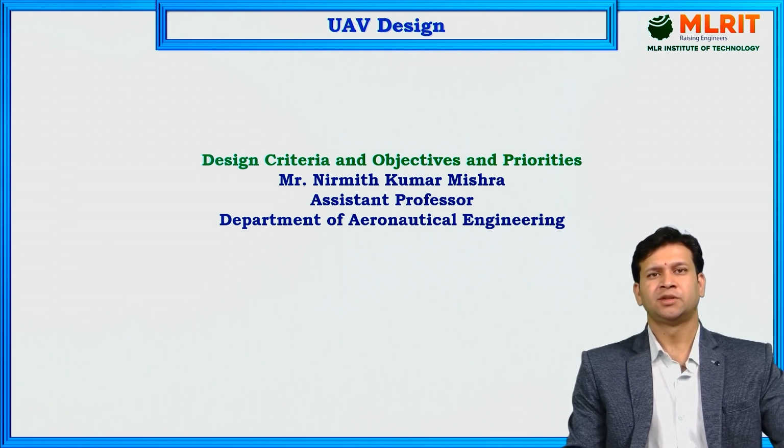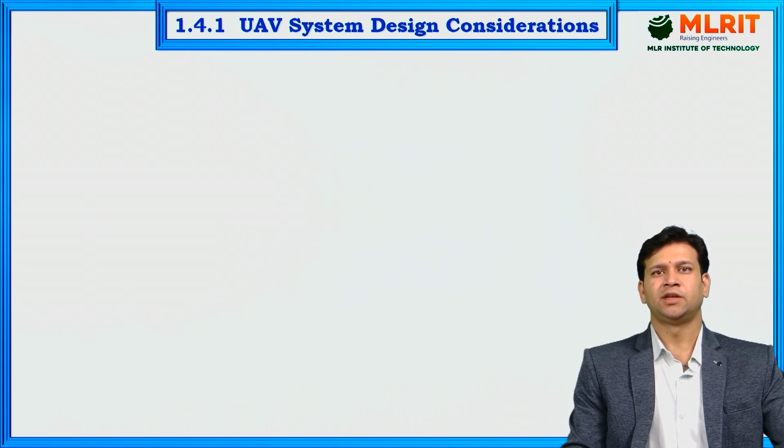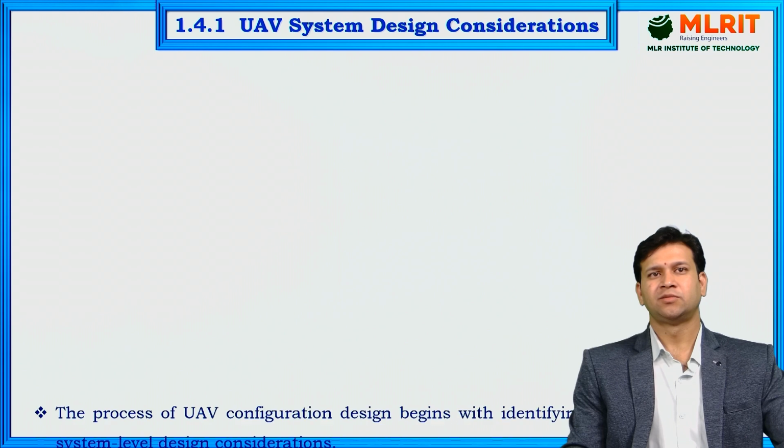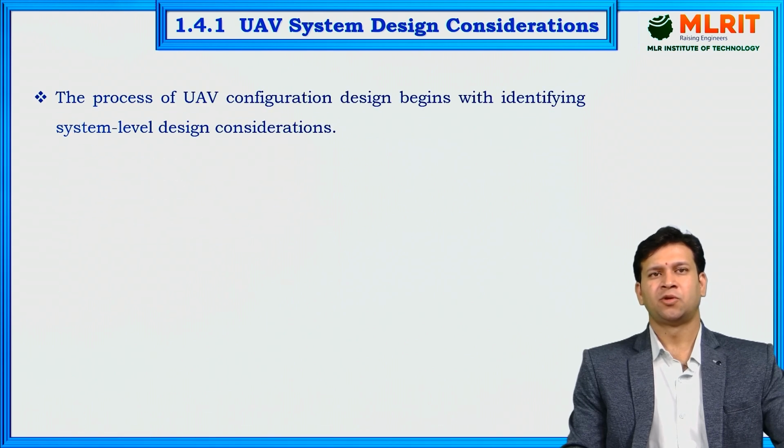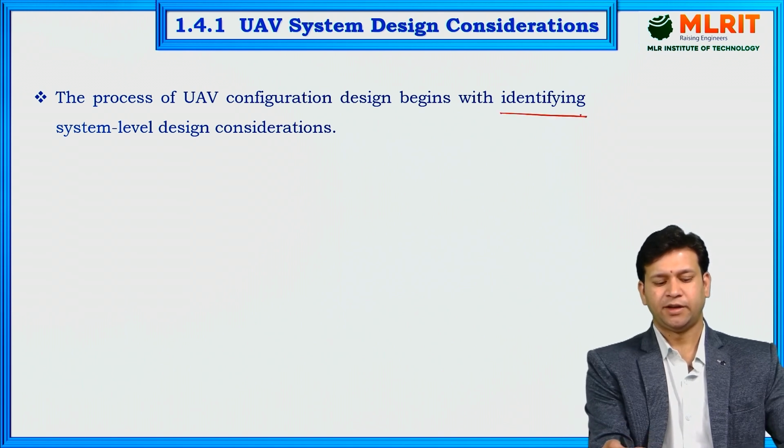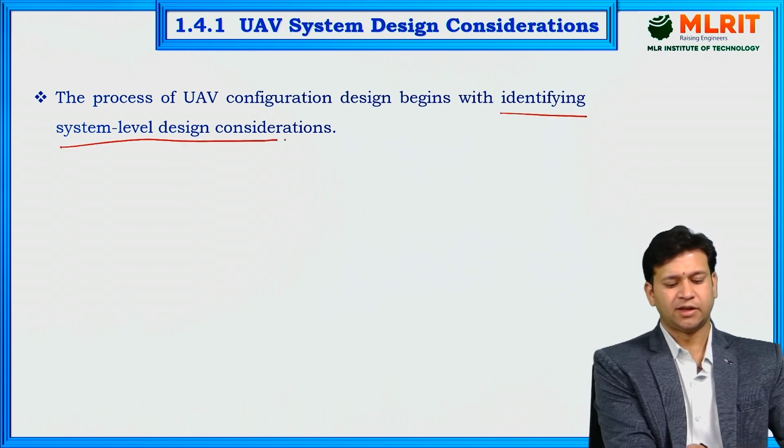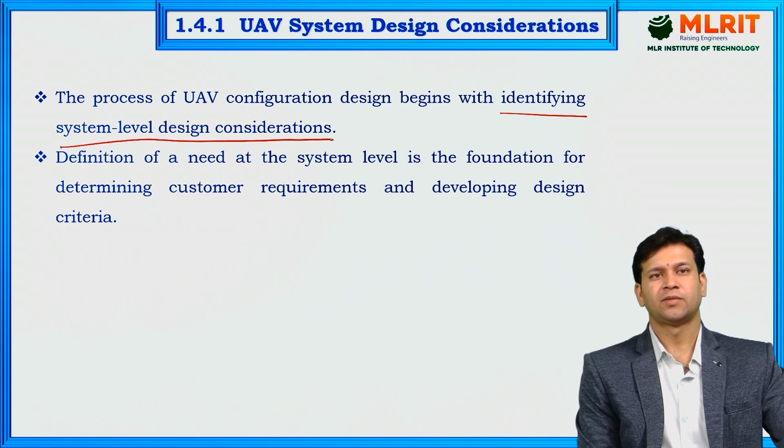In today's lecture, we'll see the design criteria, objectives and priorities of UAV design. UAV design system considerations: it is a process of UAV configuration, which begins with identifying system level design considerations.